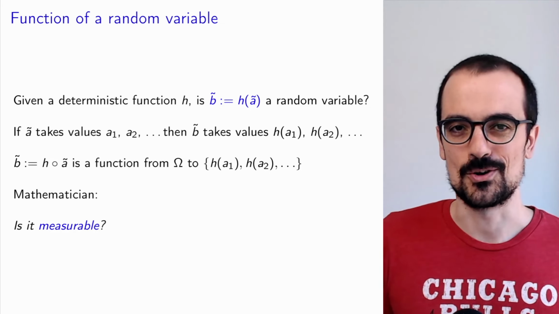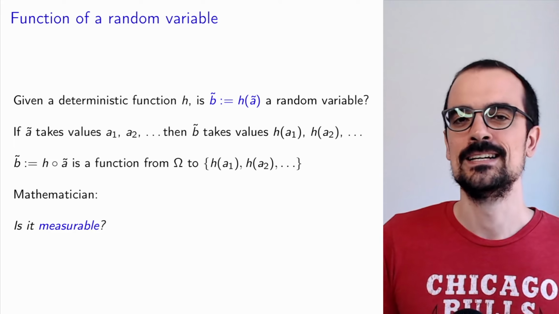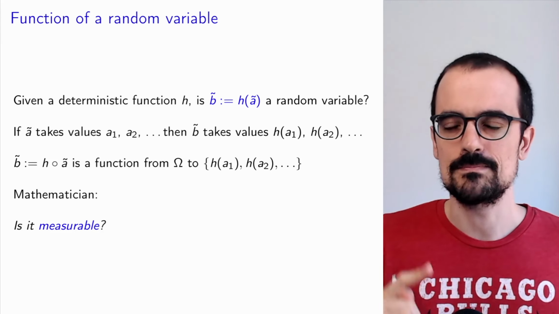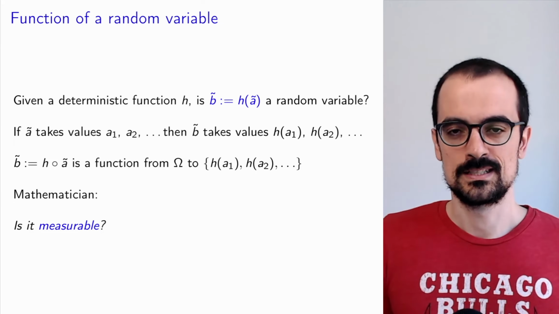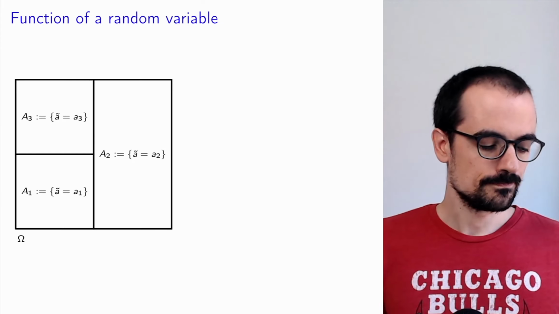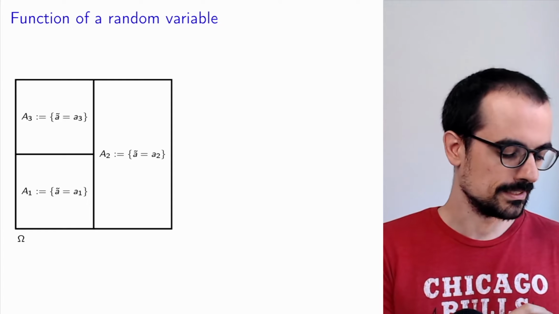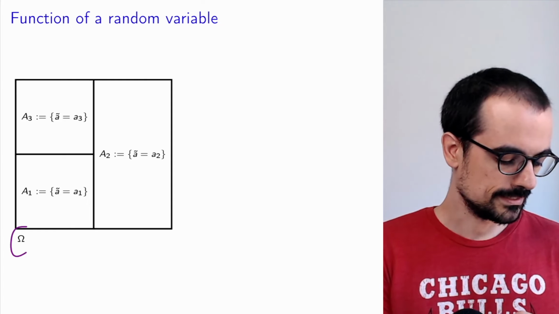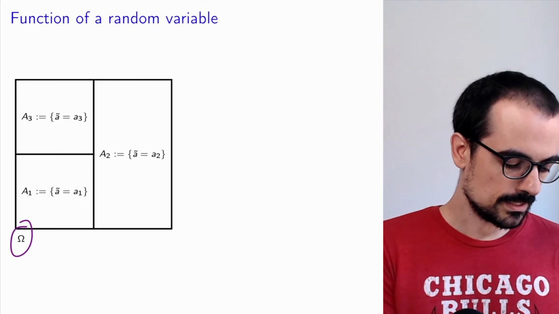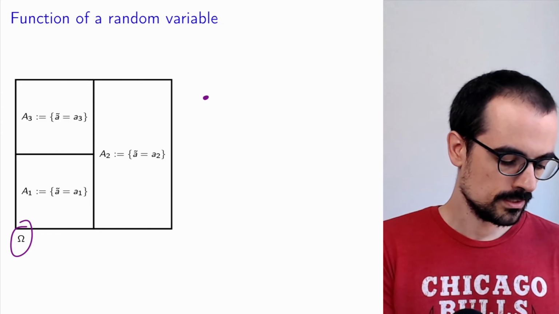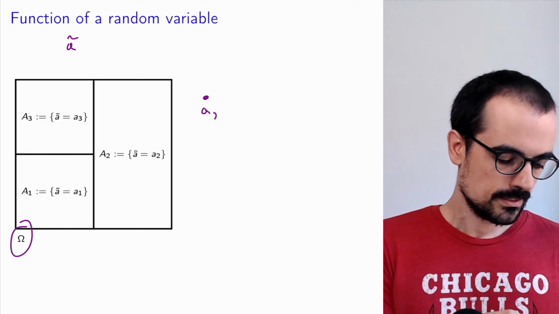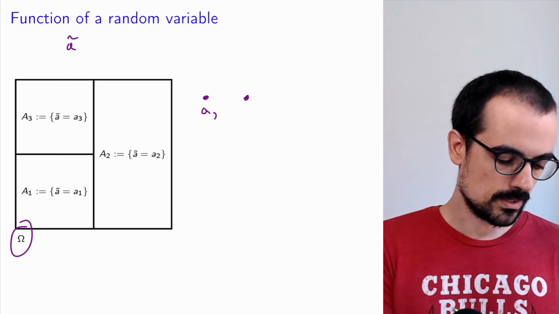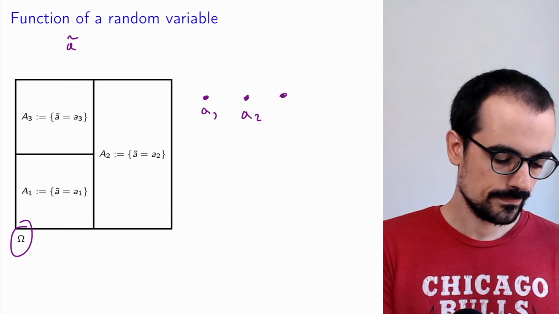Of course, your friend the mathematician is going to be like, excellent, but there's something missing in the definition. Is this function measurable? Let's take a look at a picture. So remember this picture. Basically, here I'm drawing the sample space, and the original random variable A has 3 possible values, a1, a2, and a3.